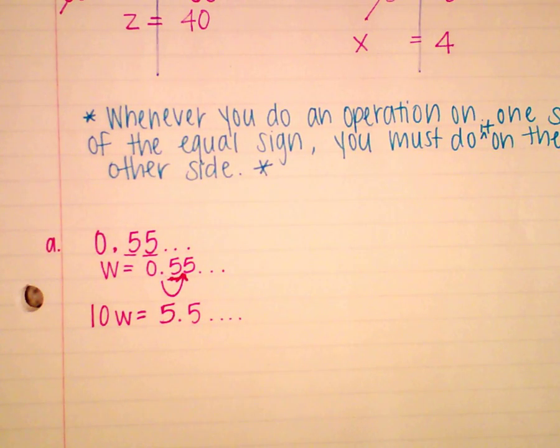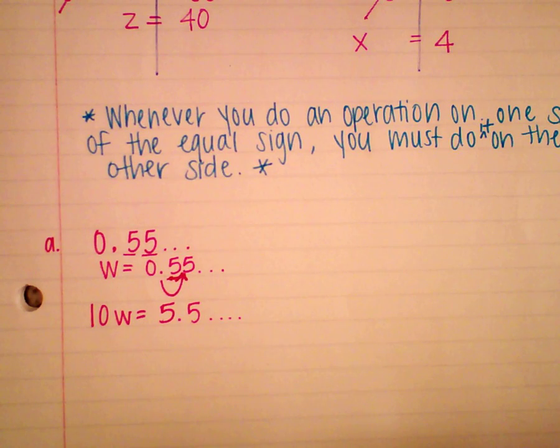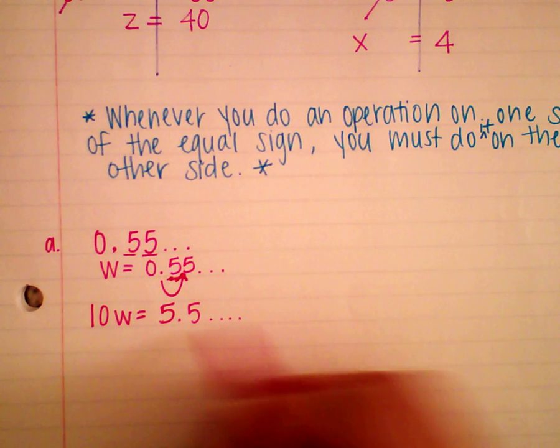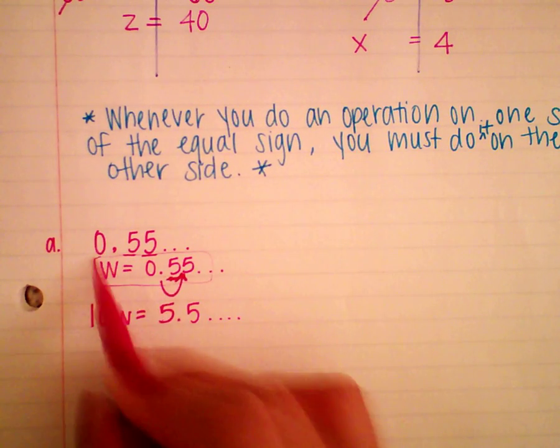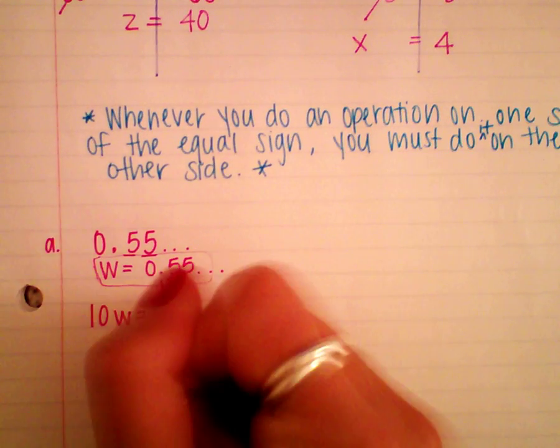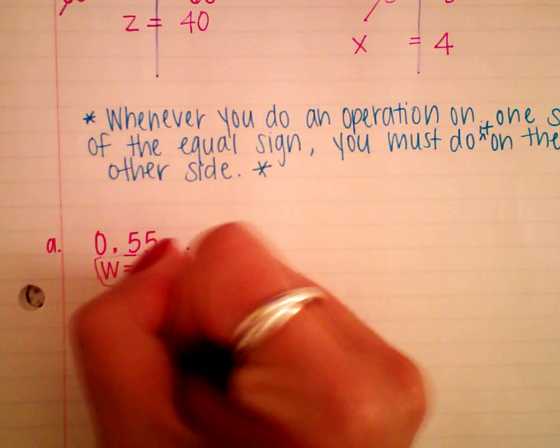And now I want to get rid of my original equation because I don't want all these decimals anymore. And I know originally that W was equal to all those decimals. So I'm going to take away a W from both sides.